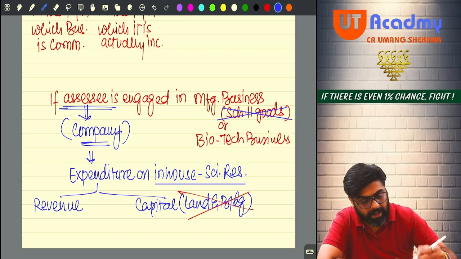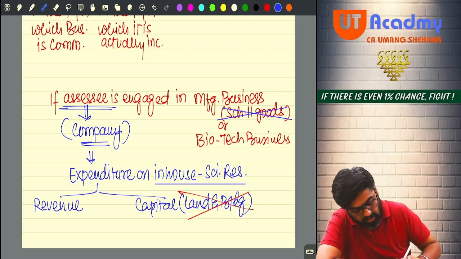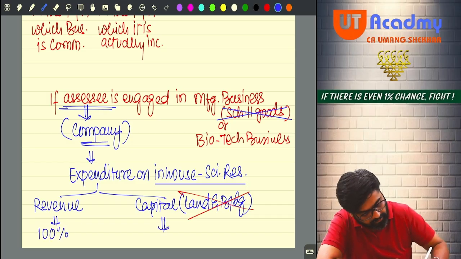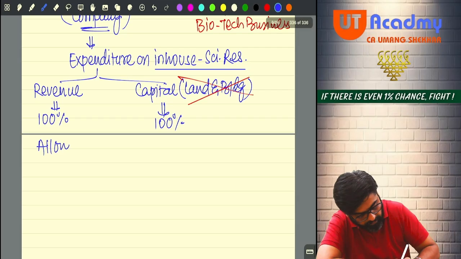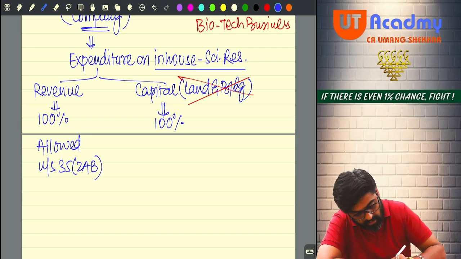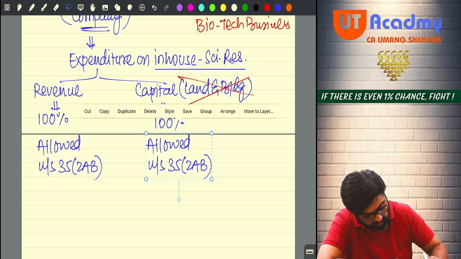Meaning you have to buy any asset other than land, other than building. So whatever revenue expenditure incurred, 100%. Whatever capital expenditure incurred, 100% allowed under section 35(2AB).